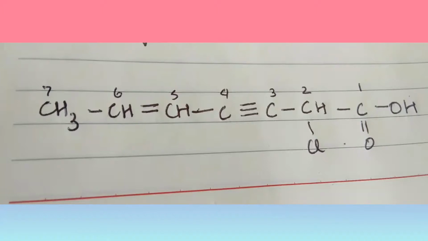We are pretty well versed with the names they have when they behave as suffixes, that is, the principal functional groups, but when they behave as substituents, they get a prefix in front of them. So now let's look at our first compound here.